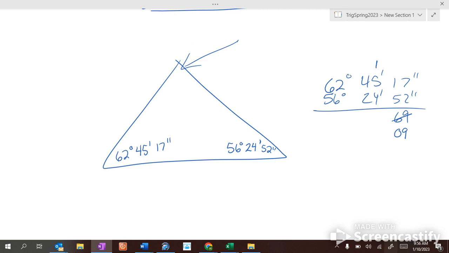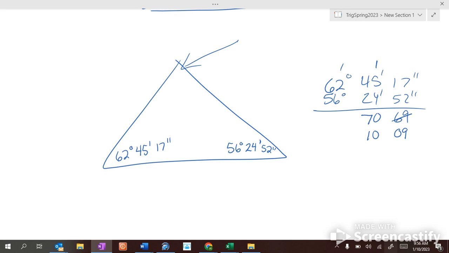So we add this up. 45 and 1 is 46 and 24. 46 and 24 makes 70, right? Which is over 60. So it's 10, and we add a degree on. So 62, and there's our delinquent, Mr. Meyer.